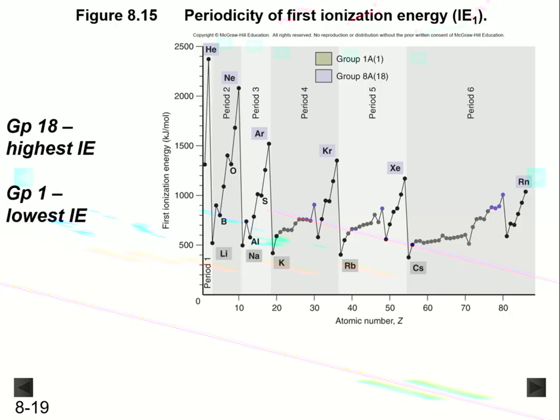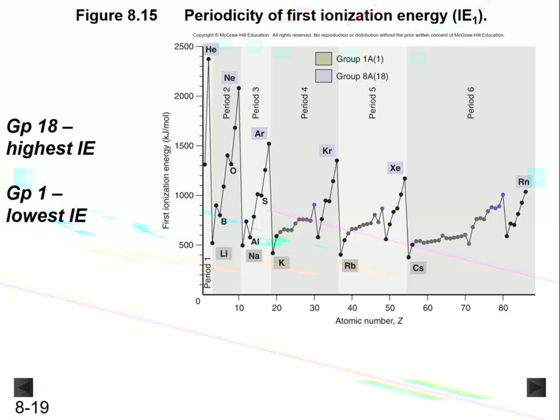Helium, neon, argon, krypton, xenon, and radon have the smallest atomic radii. They've got the highest ionization energies. And group 1 has the lowest ionization energy because the s1 electron is easiest to remove, and it's the furthest from the nucleus.